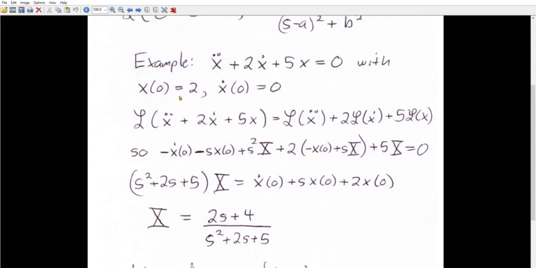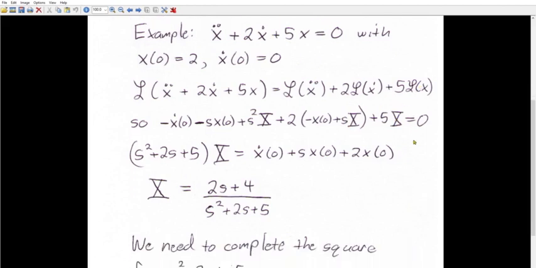And we've already seen how the second derivative transforms: minus x dot at 0 minus s x at 0 plus s squared cap X. Now, the first derivative transforms as minus x naught plus s cap X, times the 2 here, and this transforms as cap X, and then 0 transforms as 0.